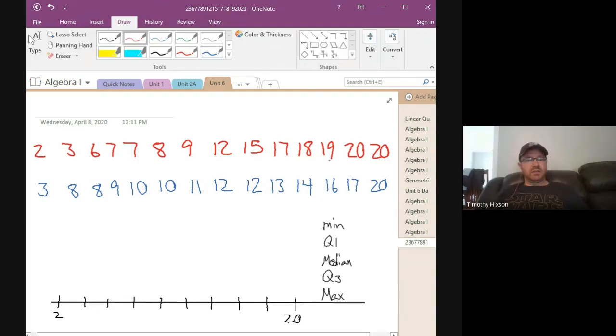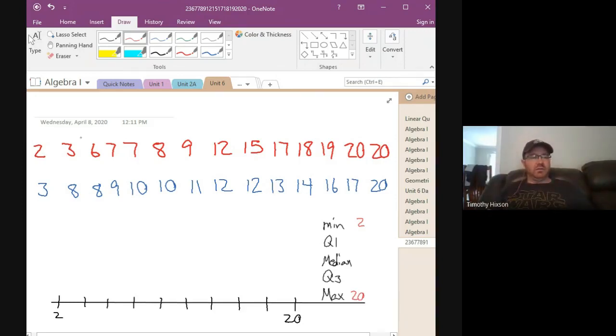All right, so I'll do the red data first. My min is 2, my max is 20. I have 1, 2, 3, 4, 5, 6, 7, 8, 9, 10, 11, 12, 13, 14 pieces of data in each one, which means my median is going to be between the 7th and 8th, because half of 14 is 7. So I'm going to have 7 pieces of data on either side.